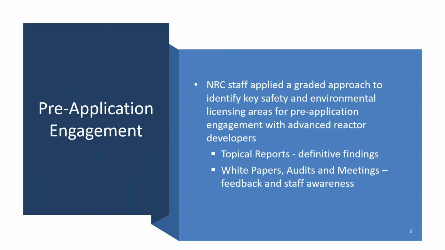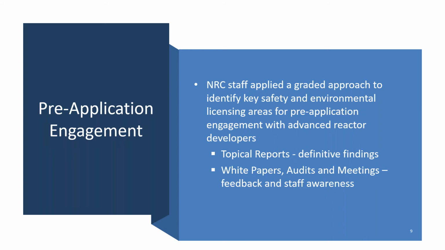So after taking into account those key specific areas of the licensing review, we then applied a graded approach to those items to identify the key safety and environmental licensing areas for application engagement. And using that graded approach, we identified the type of engagement that will result in the most efficient and effective approach.